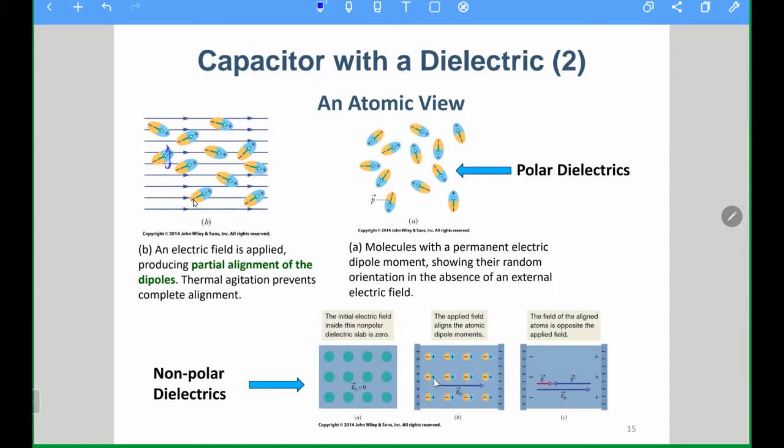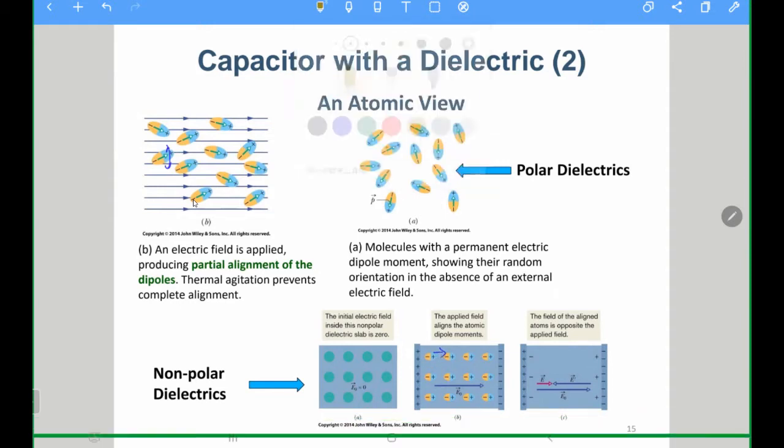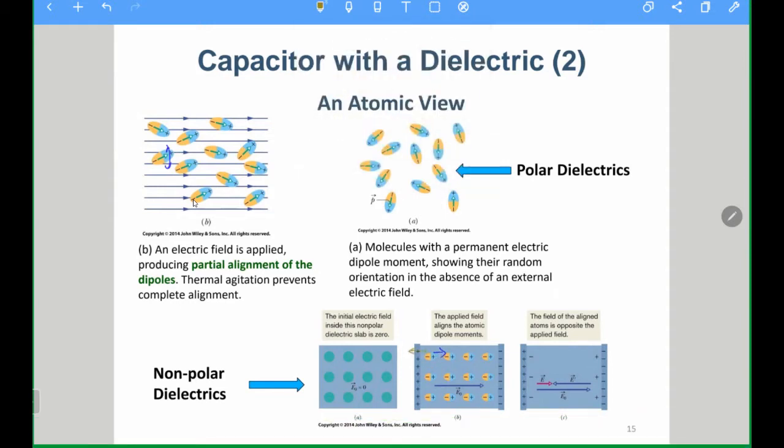So the positive side of each dipole will feel a Coulomb force pointing to the right side, and for the negative charge, the Coulomb force will point opposite to the E field. So in that case, the E field will align all the dipoles inside the dielectric.